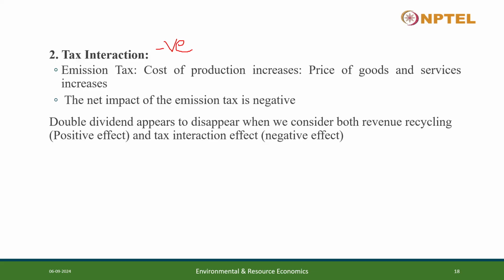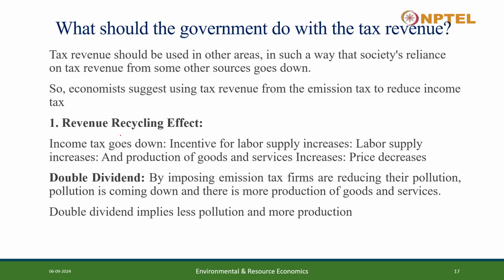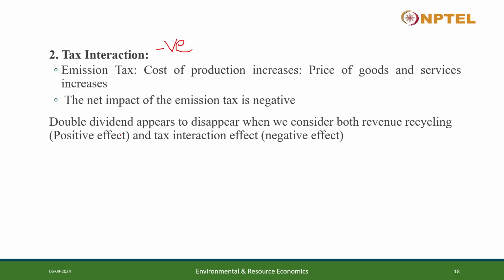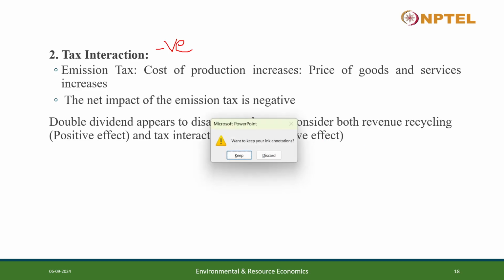However, the net impact of the emission tax is negative, since the tax interaction is higher than the revenue recycling effect. Therefore, the double dividend appears to disappear when we consider both the revenue recycling, which has a positive effect, and tax interaction, which has a negative effect. So that is what we have discussed.